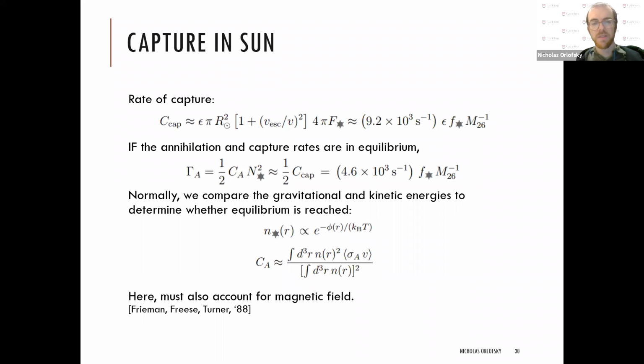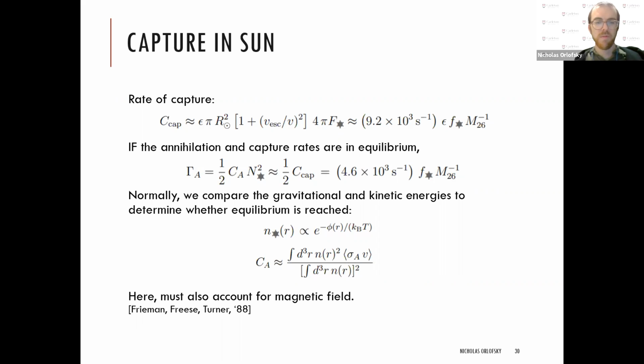So then we can start to treat this essentially the same way that we do WIMP capture in stars. You can define some capture rate going as the area of the star and the flux of monopoles coming in to the star, and you can then ask, okay, if they annihilate quickly enough, then the annihilation and capture rates reach an equilibrium, so that the annihilation rate is just equal to half the capture rate.